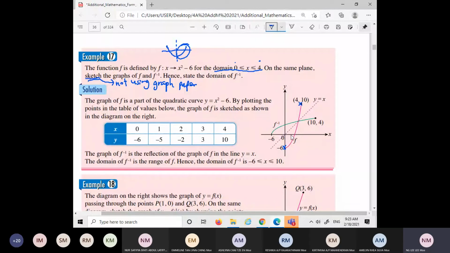For example, here is 4, here is 4, imagine. Here it will be 2, here will be 1, here will be 3. Let's say they are using 0.5 centimeter for 1, so all this must be uniform, must be the same. My suggestion, maybe you can use 0.4 or you can use 1 centimeter.